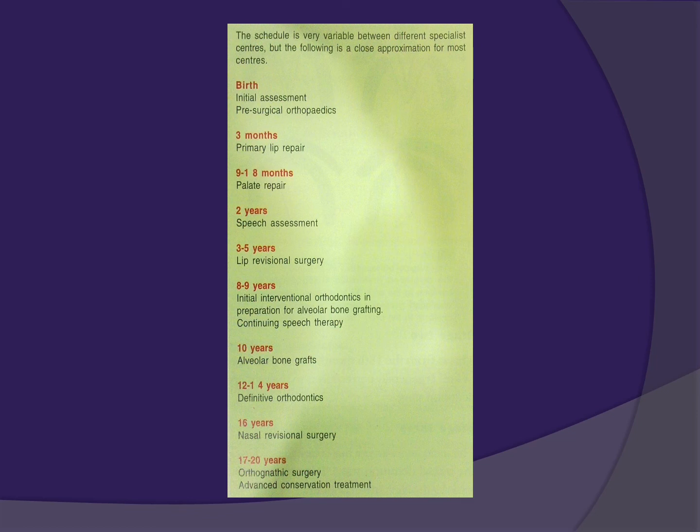And then around 2 years of age, the hospital will do speech assessment for the cleft baby. And then around 3 to 5 years of age, the cleft patient will undergo lip revisional surgery. Around 8 to 9 years of age, we will have initial interventional orthodontics in preparation for alveolar bone grafting, and also continuing speech therapy.